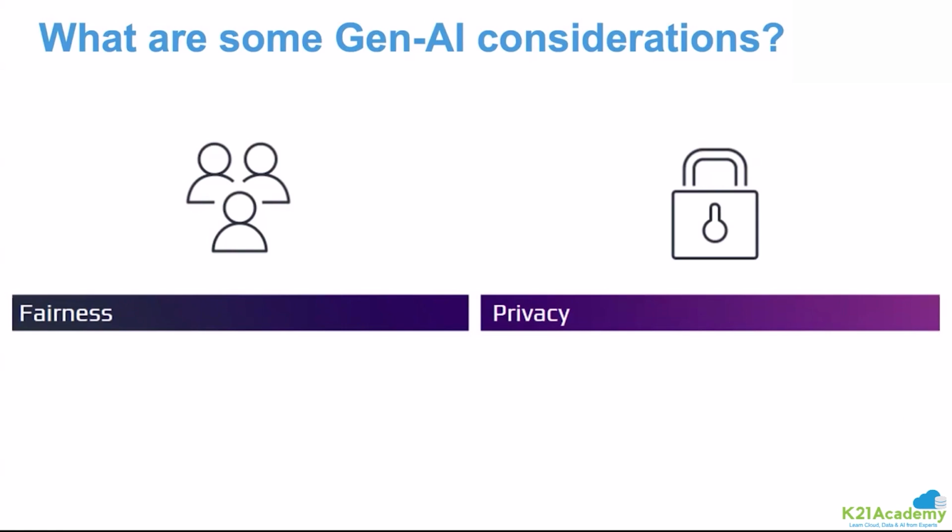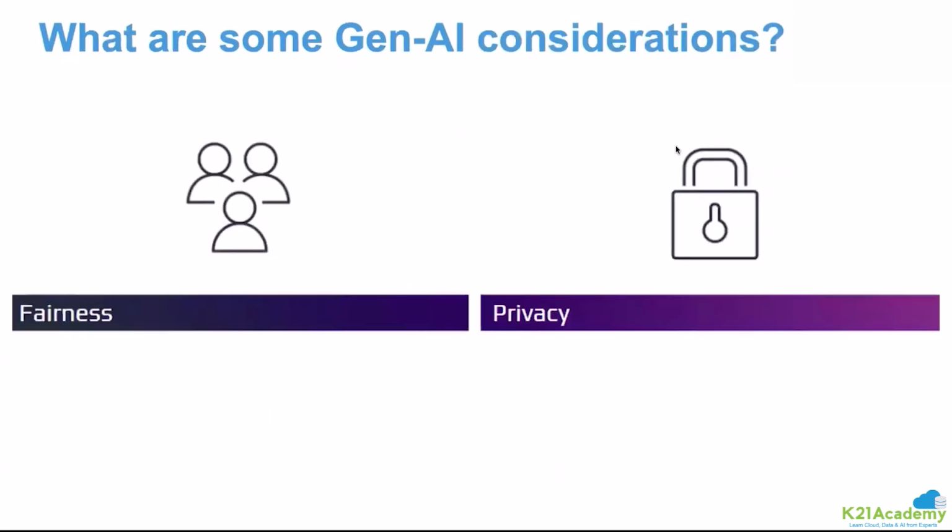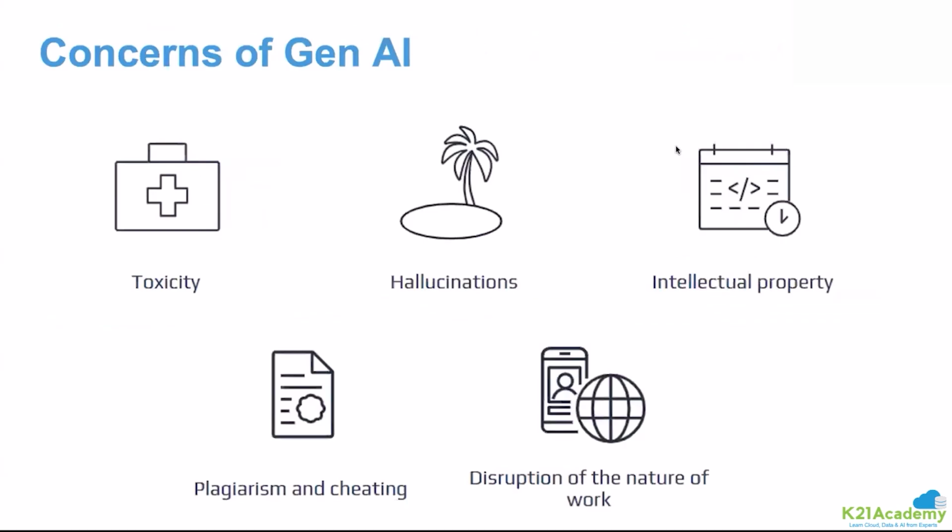Now, some considerations you must make, irrespective of which cloud you're using, are fairness and privacy. What you see here, like toxicity, hallucination, intellectual property, plagiarism, and disruption of work. Why is this covered for a beginner?